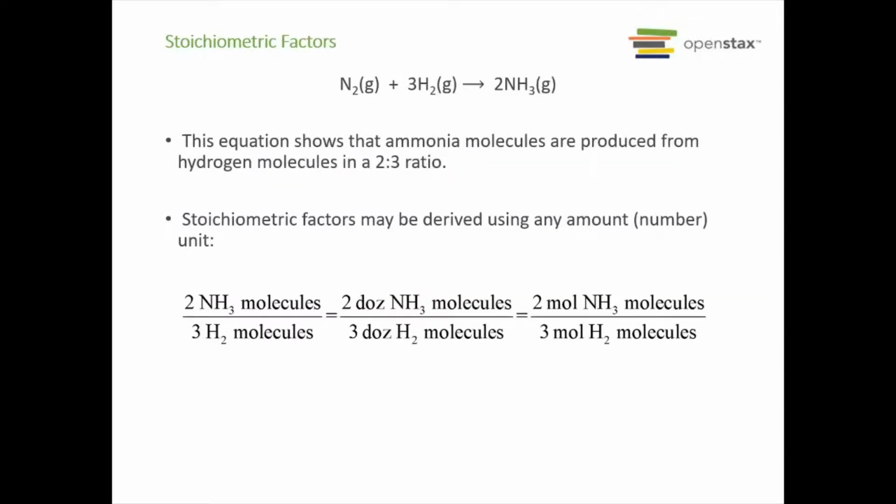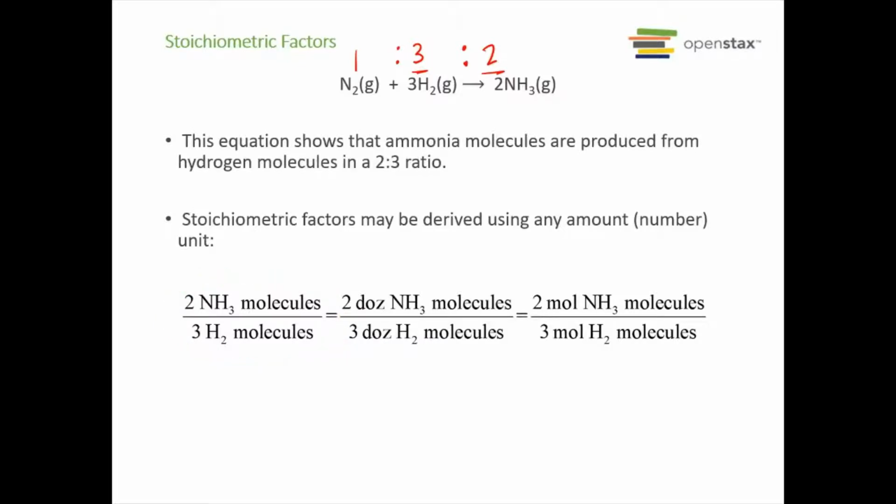So here's an example. N2, nitrogen gas, reacting with 3 hydrogen gas to make 2 ammonias. So if we look at this, we see that we need 1 nitrogen for every 3 hydrogen for every 2 ammonia. So we could say that we make 2 ammonia for every 3 hydrogen, right here on the bottom.